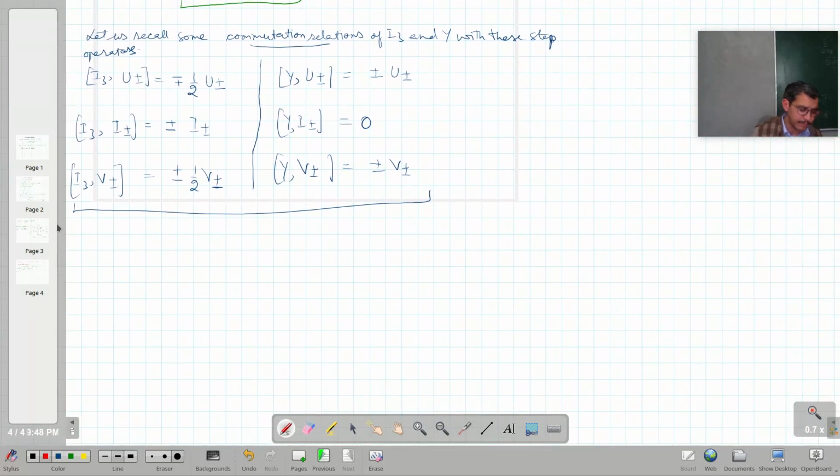So let me consider that I3 with U plus minus, its commutator is equal to minus plus 1 by 2 U plus minus. So I can write down this as I3 U plus minus, open this commutator, so it is minus U plus minus I3, is equal to minus plus 1 by 2 U plus minus, right?